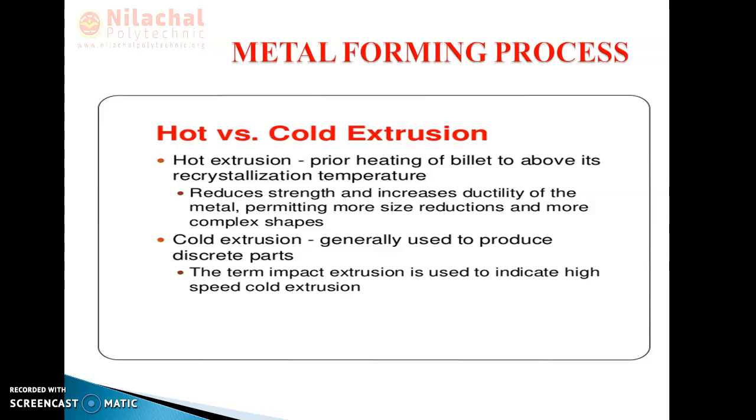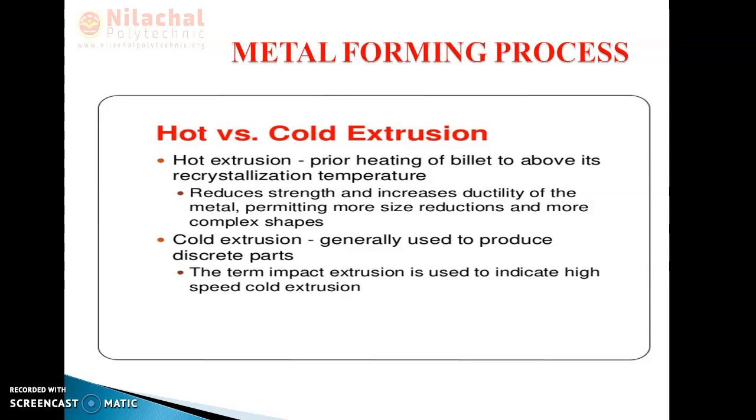Again, if the metal billet is not heated to its recrystallization temperature, that means it is put at atmospheric temperature into the extrusion chamber directly without any heating, and extrusion takes place, then it is simply known as cold extrusion.